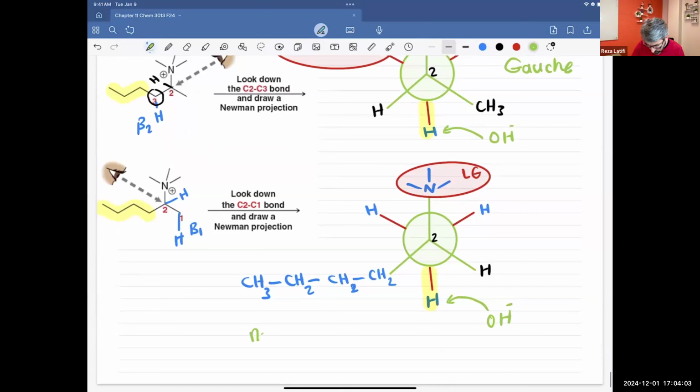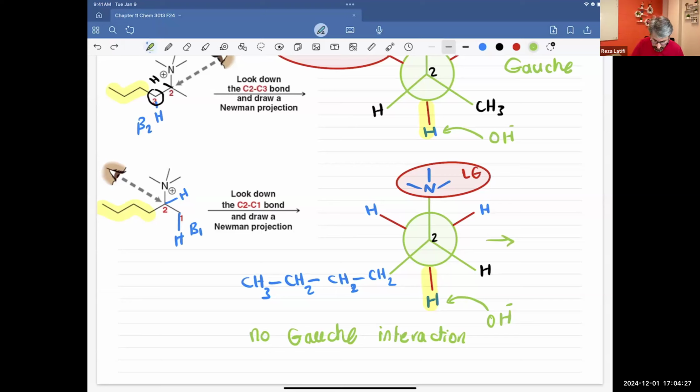So no gauche interaction. And because we don't have any gauche interaction, removing hydrogen from the terminal carbon will be favored. And so this one is going to give us technically such a product.